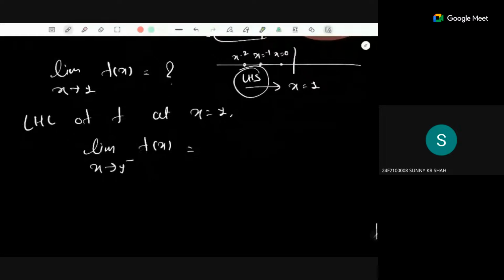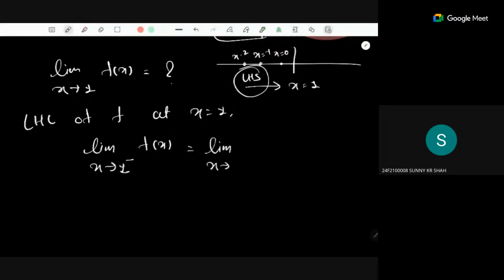This left hand limit is the limit as x tends to 1 minus of x square. But the x square function behaves very nicely as we reach x equals 1, so as x goes to 1, the value of x square also goes to 1. So this limit is 1. Is that clear, how we get the left hand limit equal to 1?